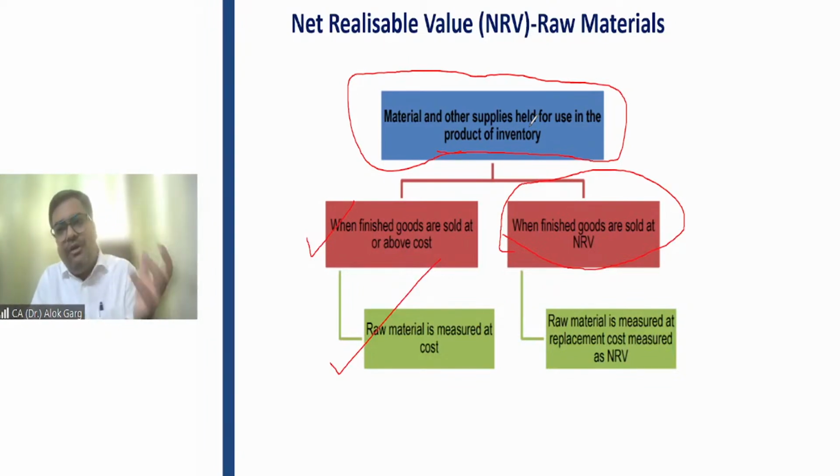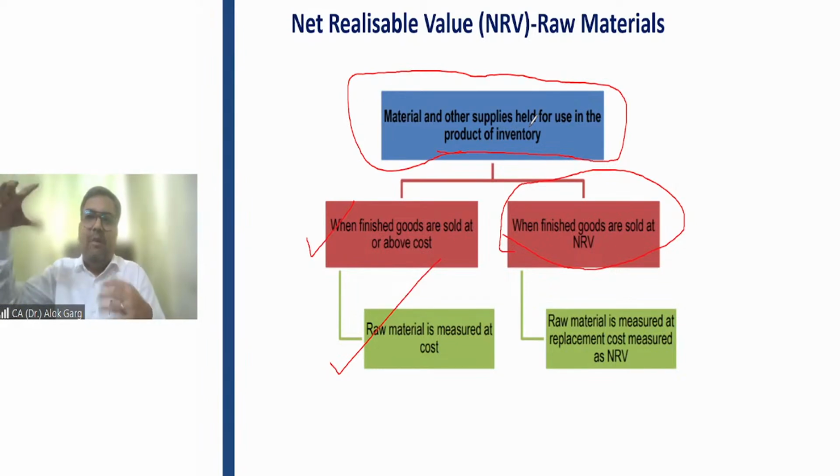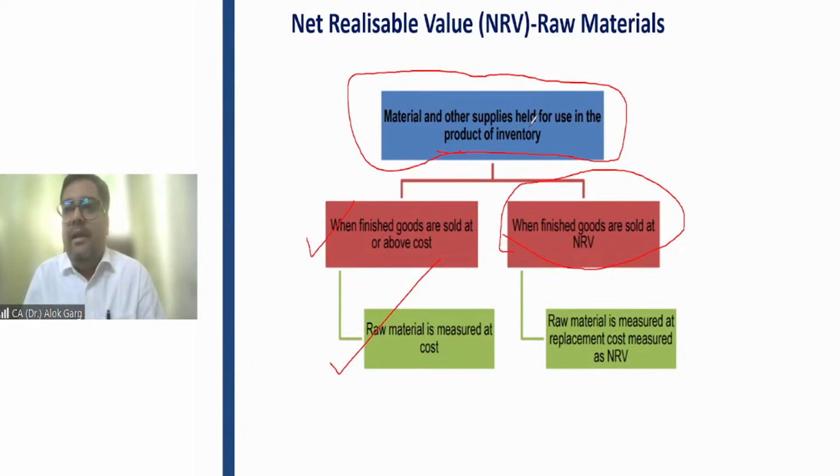The raw material will continue to be valued at 8,000. Tomorrow, due to the change in technology, the value of the mobile phone goes down and becomes 7,000 rupees. So don't you think that the value of this raw material will also go down?